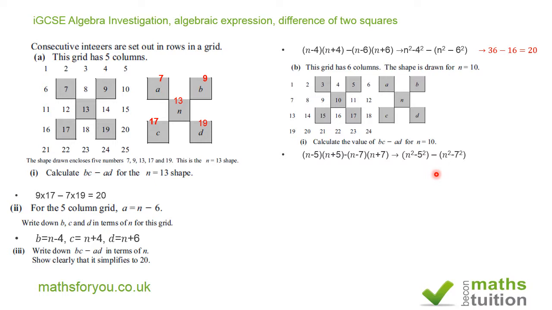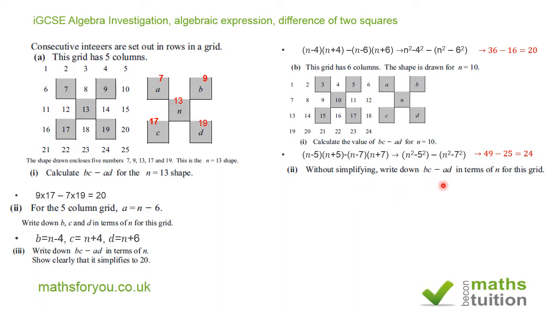When you open up your brackets, the n squareds will cancel out. So you end up with 7 squared minus 5 squared. That's 49 minus 25. I end up with 24. So for a grid that has 6 columns, BC minus AD gives us a value of 24. Does that make sense?